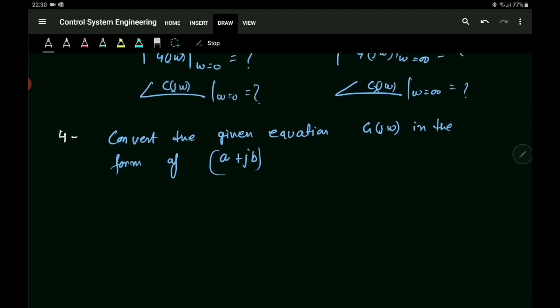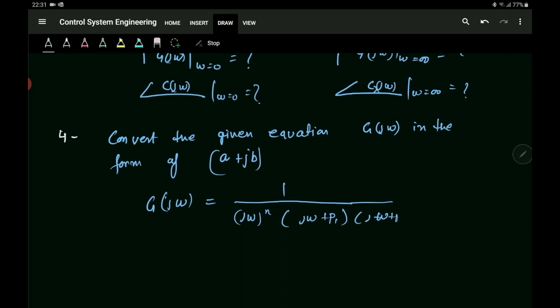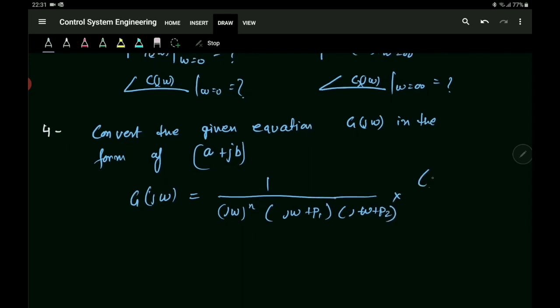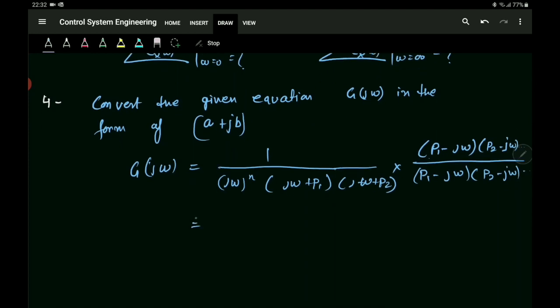If G(j omega) is equal to 1 divided by (j omega) to the power n times (j omega plus p1) and (j omega plus p2), multiplied by the conjugates of these values, we will have the expression in the form a plus jb.